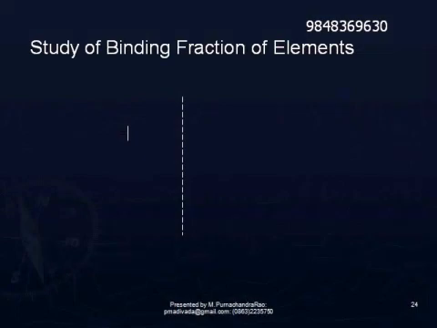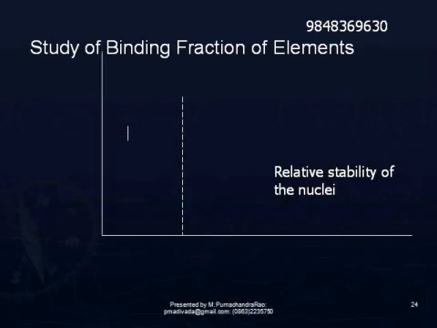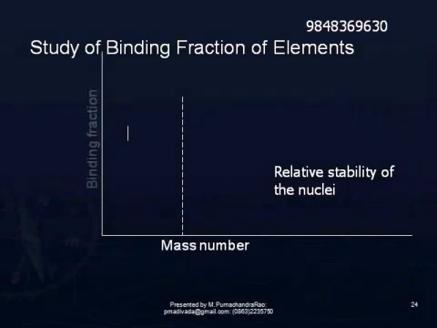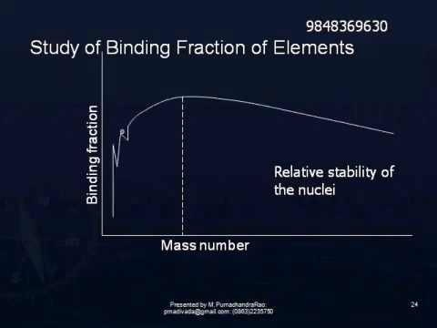Study of binding fraction is very useful in assessing the relative strengths of the nuclei of different elements. To study the stability of the nuclei of different elements, binding fraction is highly useful. To study this relative stability, we draw a curve with mass number on the x-axis and binding fraction on the y-axis.